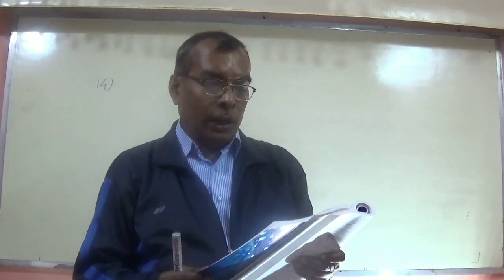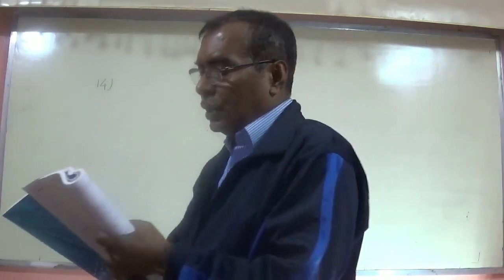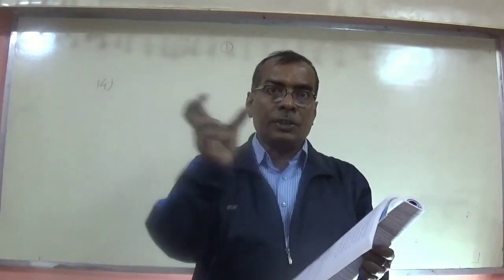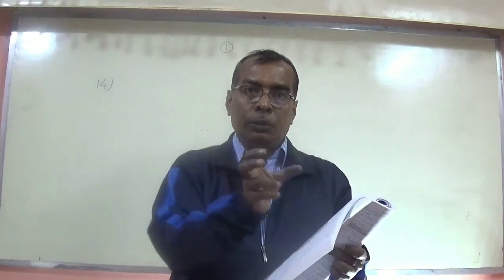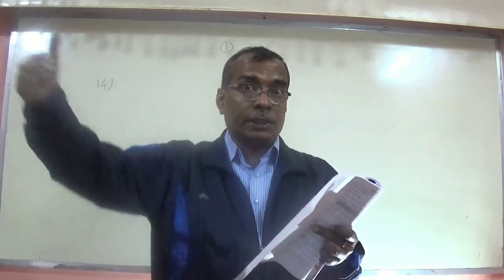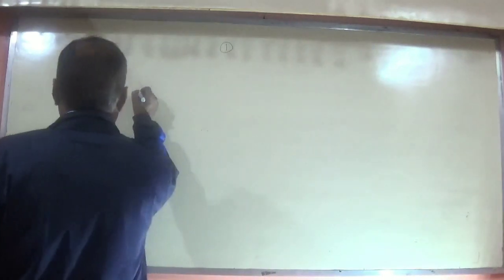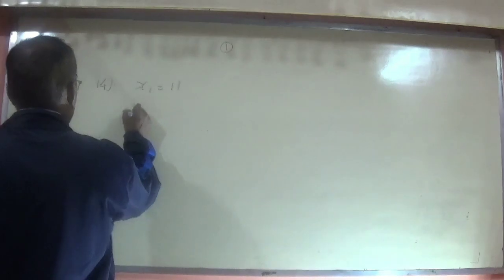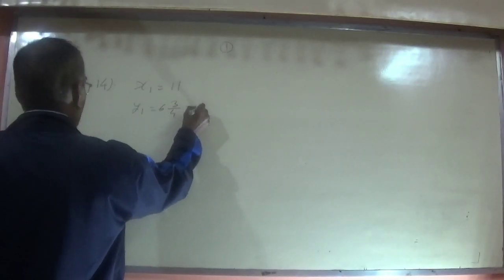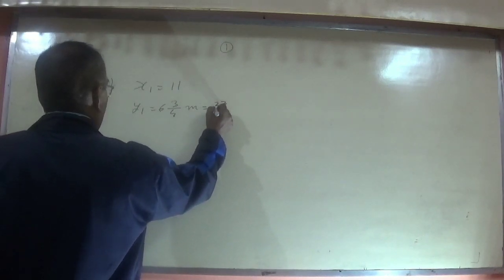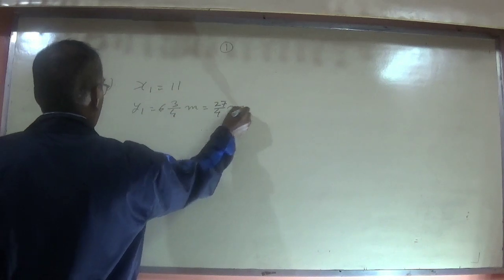In one day. So naturally you can say that this is direct proportion. If men increase, the length of trench will increase. If men decrease, the length of trench will decrease. So let us see question number 14. So x1 is given as 11 and y1 is given as 6 3/4 meter. 4 6s are 24 plus 3, 27 by 4 meter.